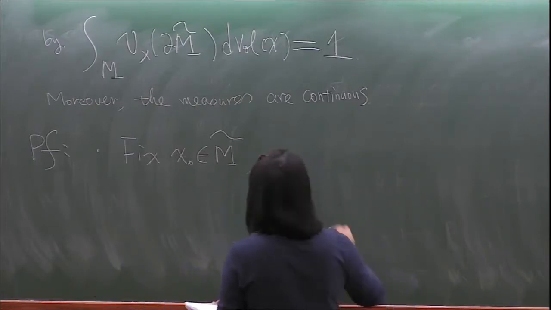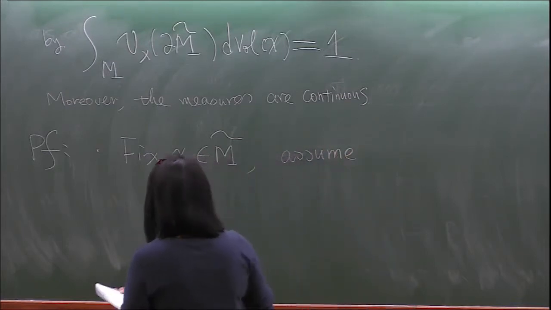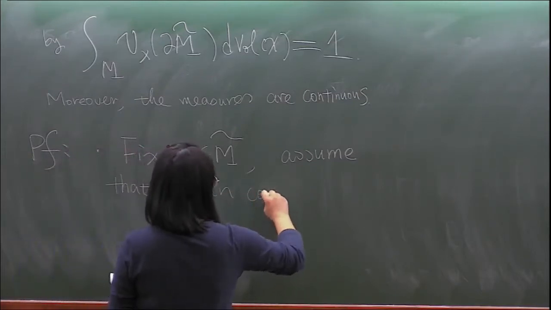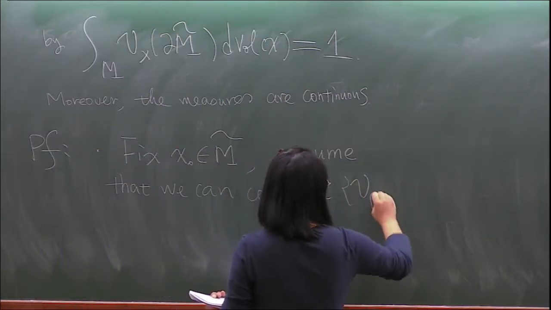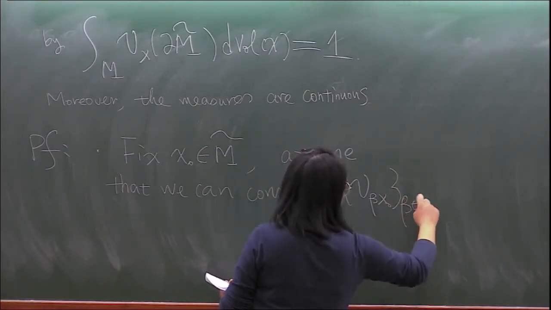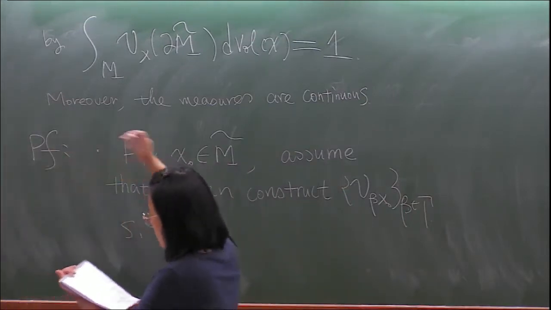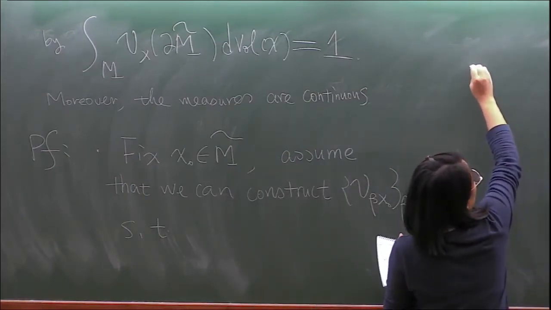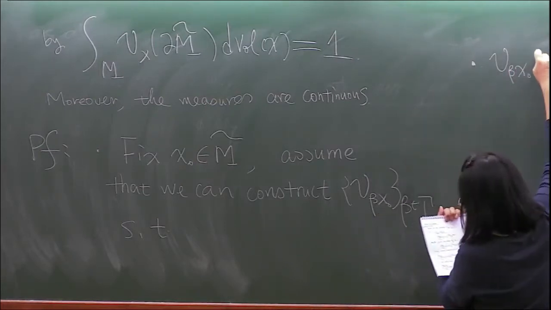Okay? And assume that we can construct x naught such that, actually, you have these two properties here. First thing is this mu x naught.